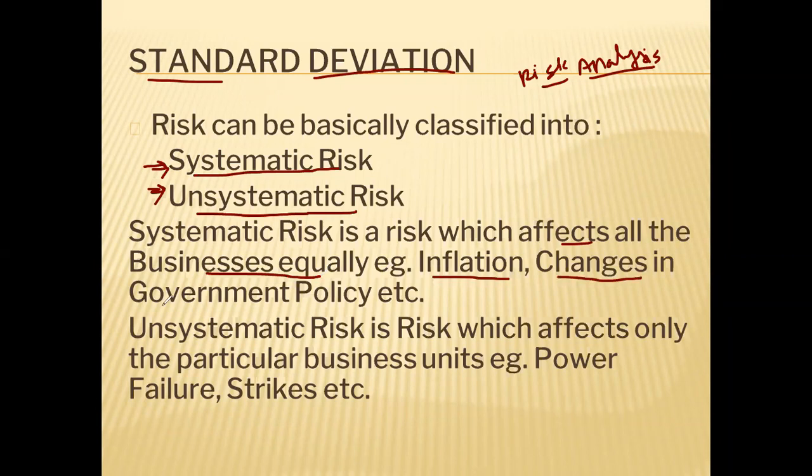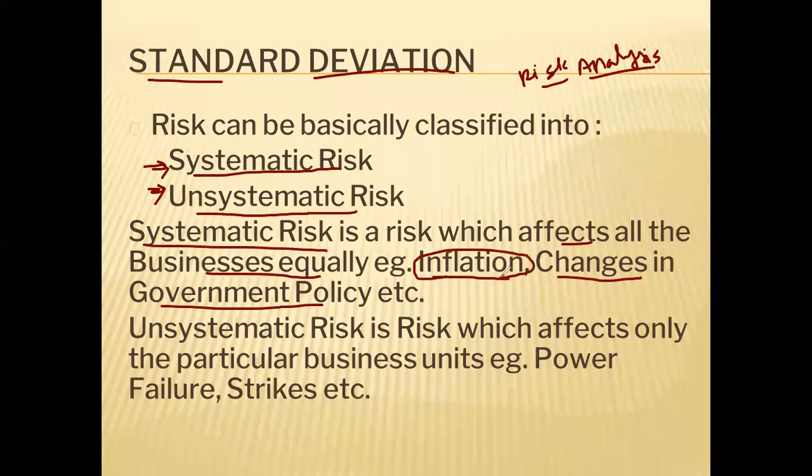Changes in government policy. If the government is changing any policy, it will affect all the businesses in the country. Such types of risk which will affect all the persons, all the businesses equally are known as systematic risk. A very important and good example is inflation, because it will affect all the persons, no? All the businesses will be impacted because of systematic risk.